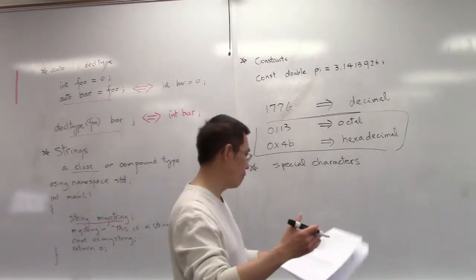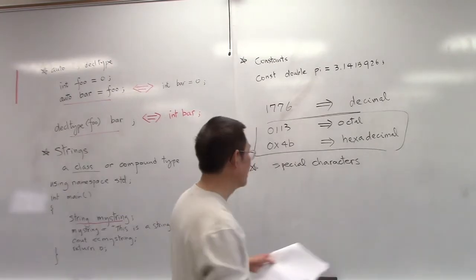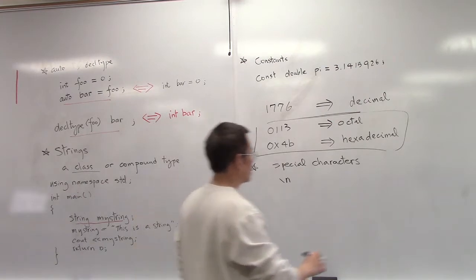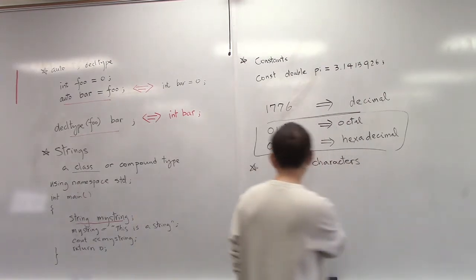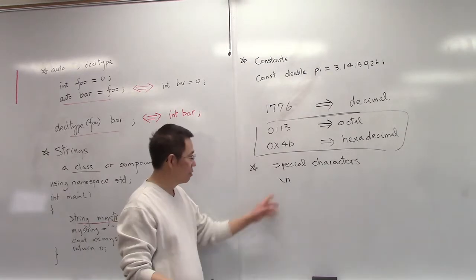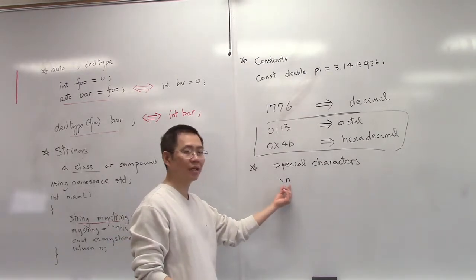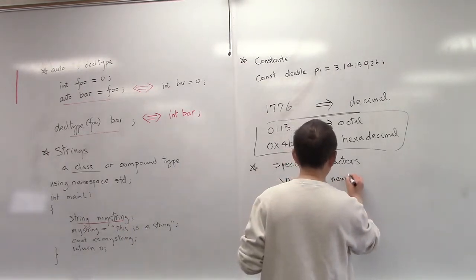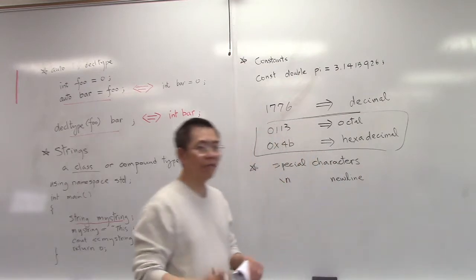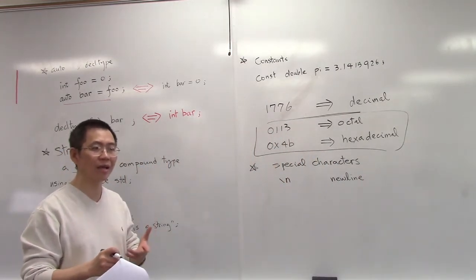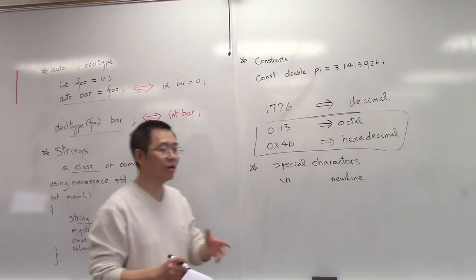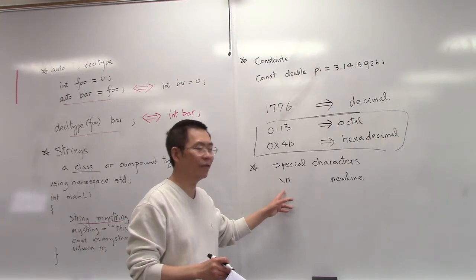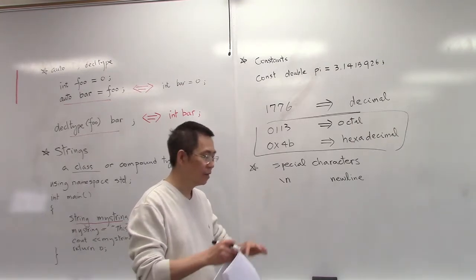For example, we want to start a new line, okay? And C++ and also C allows that. All special characters start with a backslash, okay? So if you type these two together, they represent one special character. So \n just means a new line. It will cause an action to the output, which is difficult to represent without these special characters, okay?